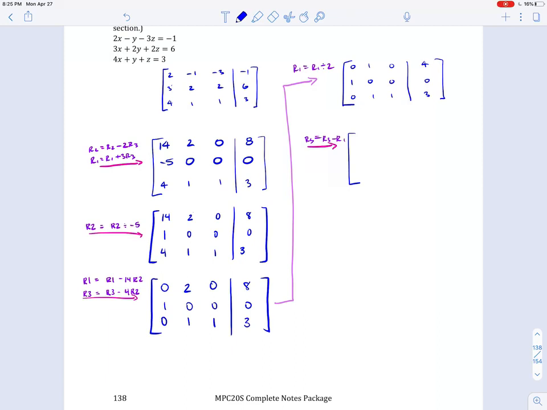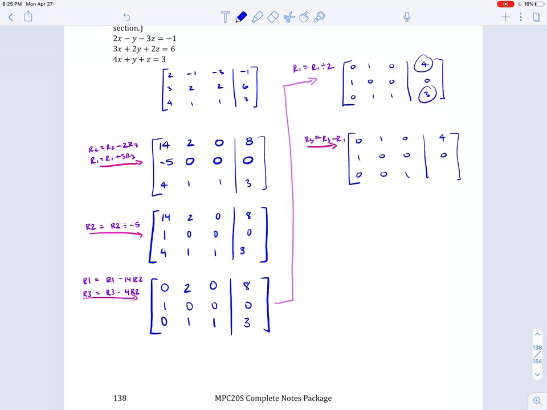And that's going to be the new row 3. So I'm keeping row 1 the same. I'm keeping row 2 the same. I'm changing row 3. I'm taking row 3 minus row 1.